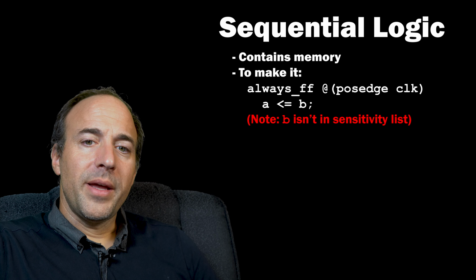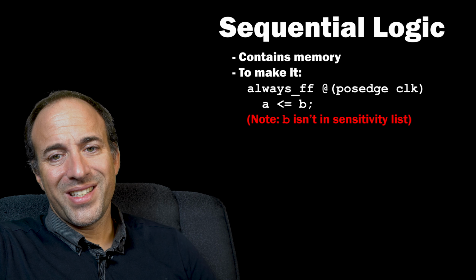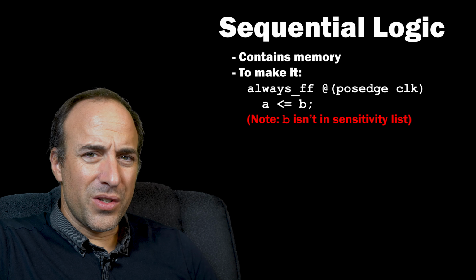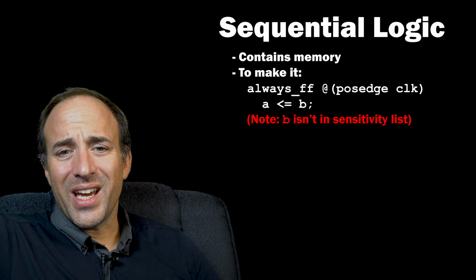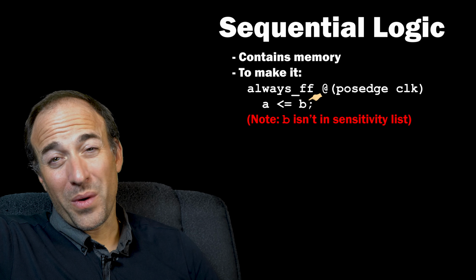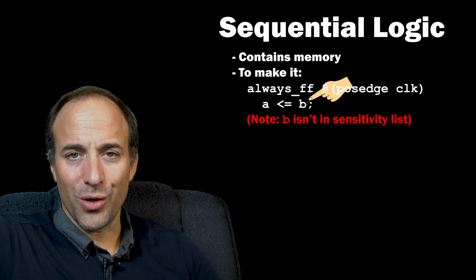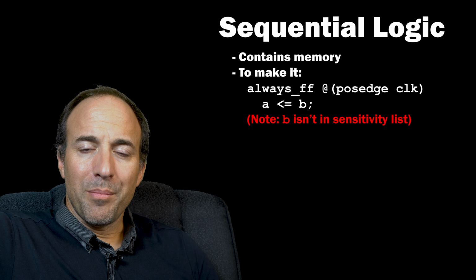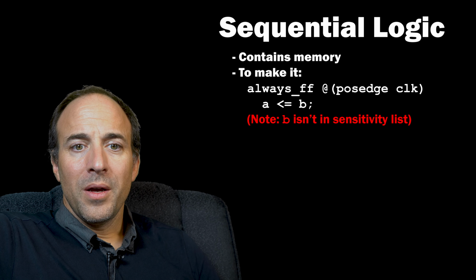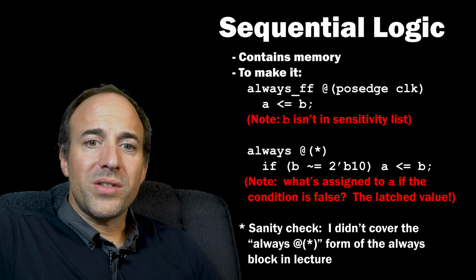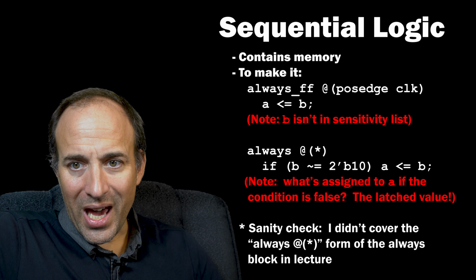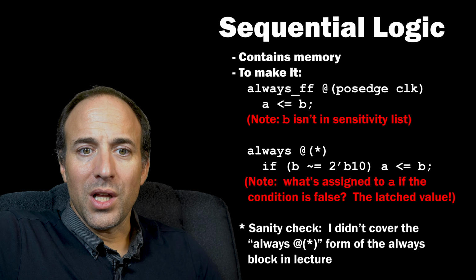Any always statement whose sensitivity list doesn't include every signal that appears as an input inside the always block, in other words, on the right-hand side of an assignment or in a conditional expression, will imply sequential logic. Likewise, any always statement that doesn't assign all possible outputs in every execution path also creates sequential logic.